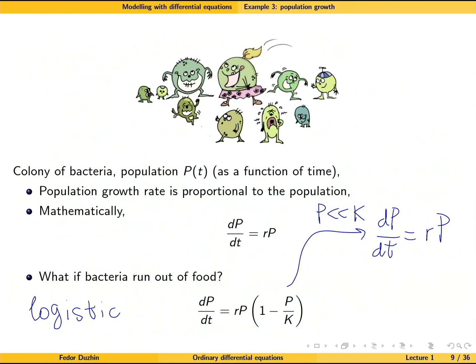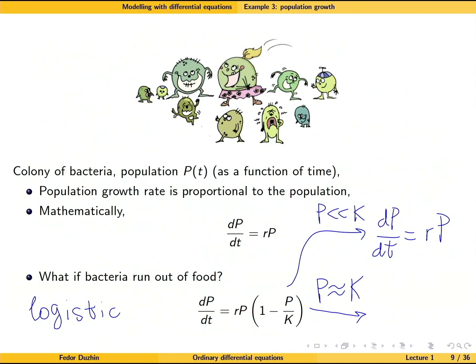Well, but then eventually, this differential equation tells us that the colony of bacteria is growing. Now P is growing, and then eventually, of course, P is going to approach this K. So what's going to happen when P has almost reached K, when P is approximately equal to K?